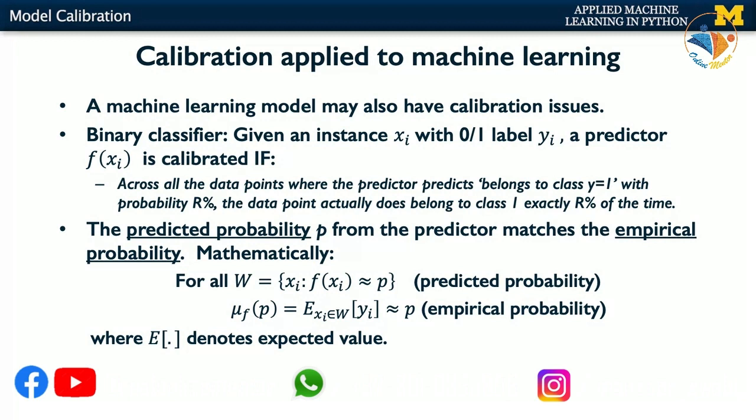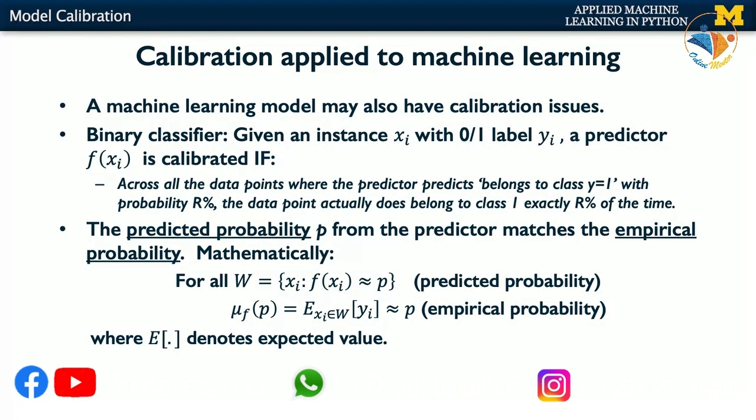So for example, if we define a binary classification problem where we have an instance xi that has a label yi that can be 0 or 1, we say that a predictor f of xi is calibrated, and again, this is exactly the same as the weather example, if across all the data points where the predictor predicts that the point belongs to class 1 with probability R%, the data point actually does belong to class 1 exactly R% of the time. So it's the same as in the weather example. The predicted probability should match the empirical probability.